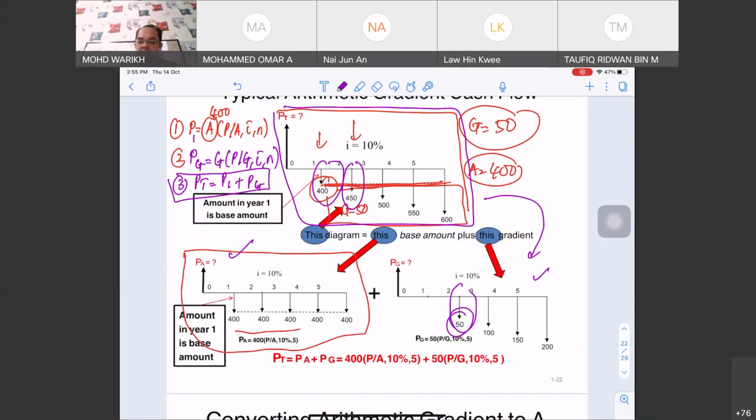Then we just add them and you get the answer. Understand? Understand, Doctor? So that means first you have to divide. Okay, good.